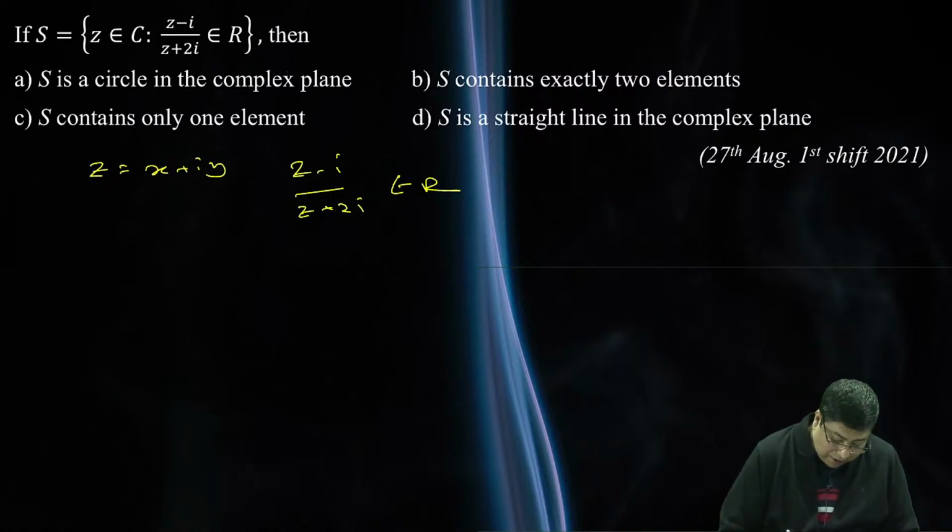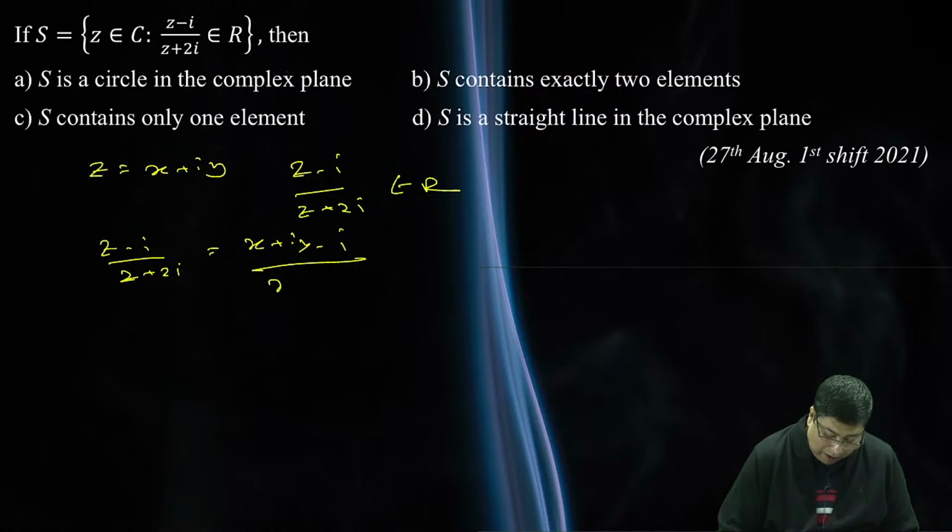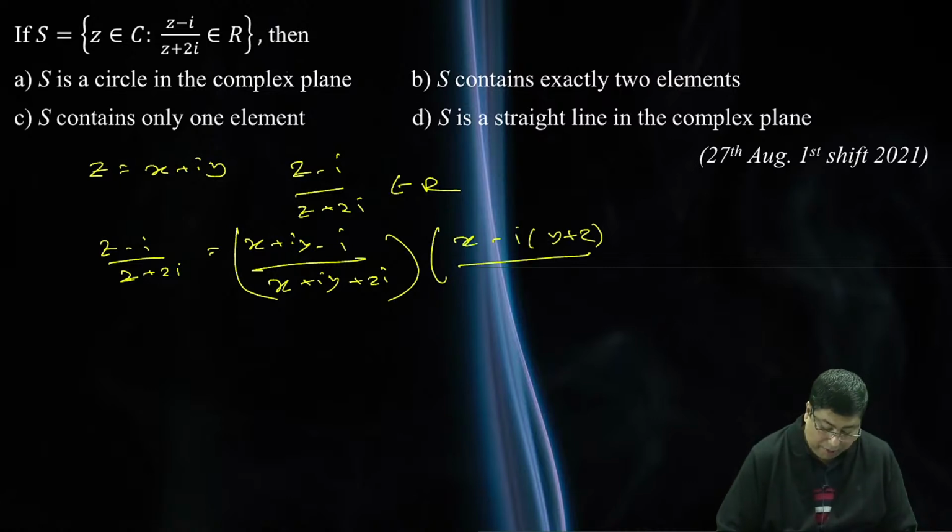We can write (z minus i) by (z plus 2i) equal to (x plus iy minus i) by (x plus iy plus 2i). We have to rationalize the denominator, so let us multiply numerator and denominator by x minus i into (y plus 2).